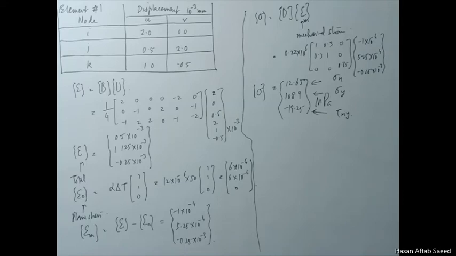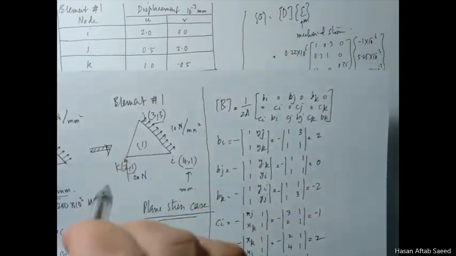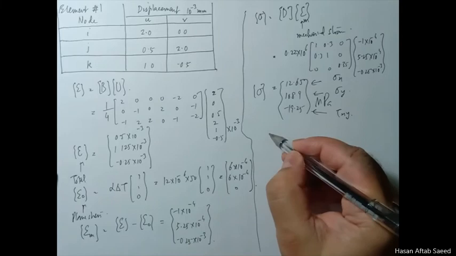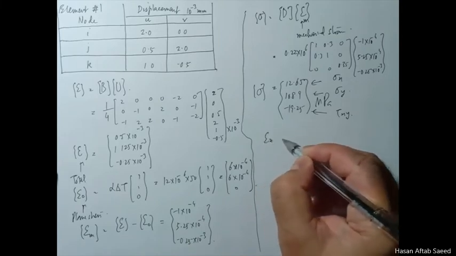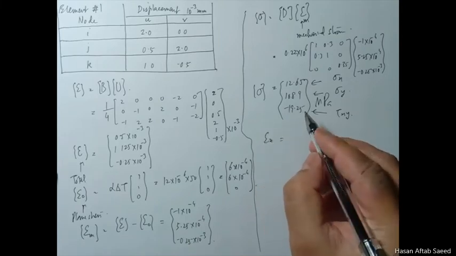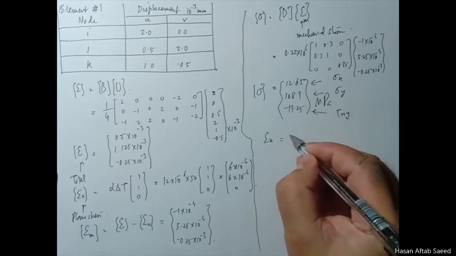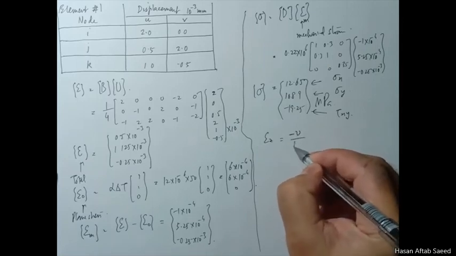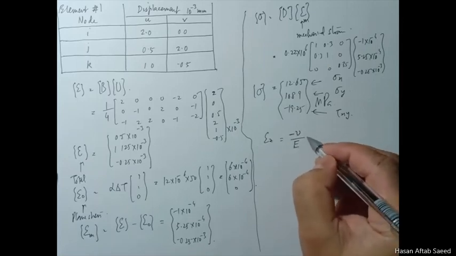There's another strain value which is perpendicular to the plane, in the direction of thickness, and that strain is epsilon z. Recall that we have discussed that the epsilon z value can easily be calculated by using this formula.